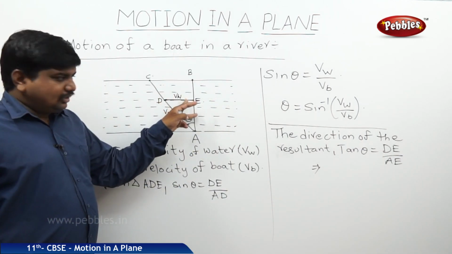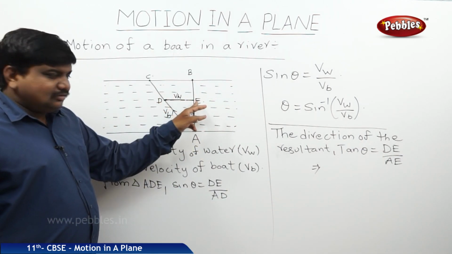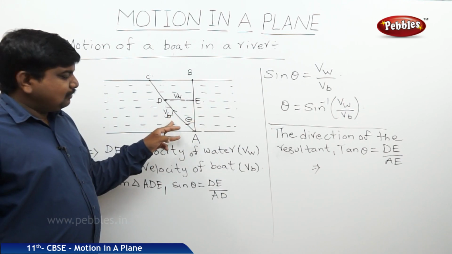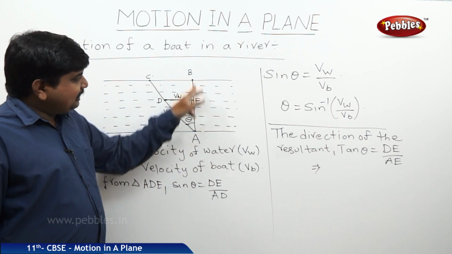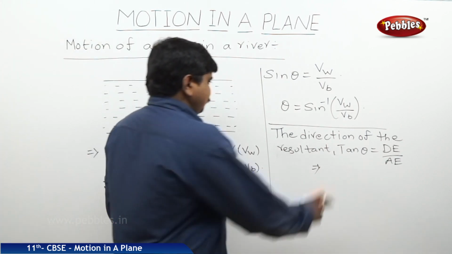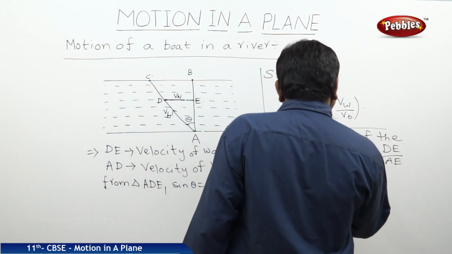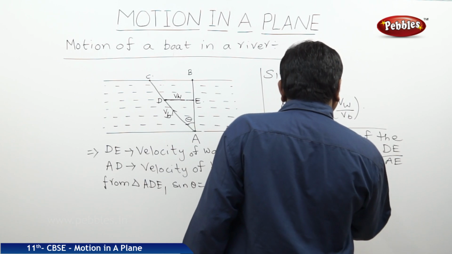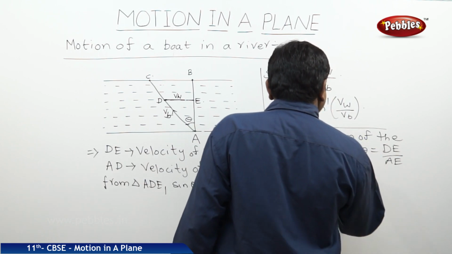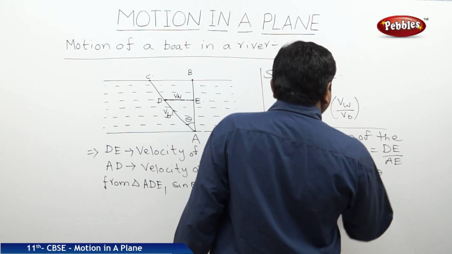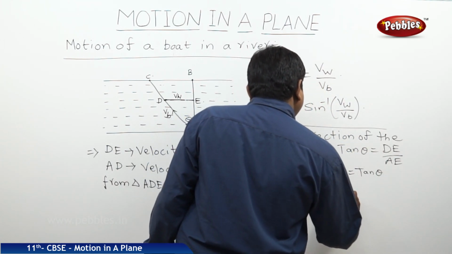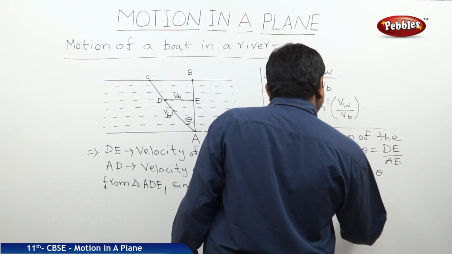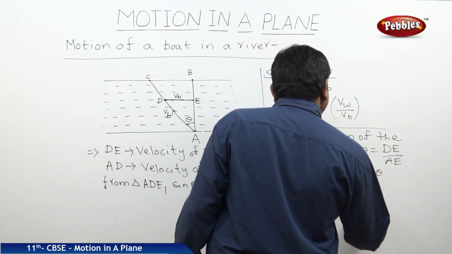DE is velocity of water, but AE is not equal to velocity of boat, where E is one of the points in between A and B. So we can write VW by AE, where AE is the distance, equal to tan theta. Therefore, theta is equal to tan inverse VW by AE.